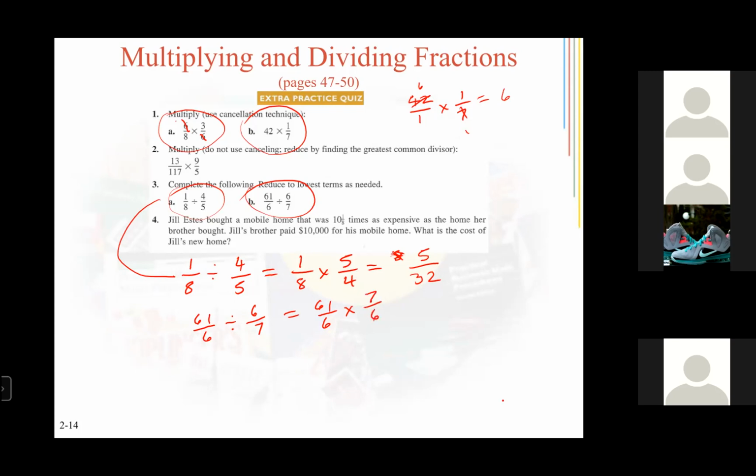Okay, and you don't have any canceling here, so you just have to work it out. 7 times 61 is 427, over 6 times 6 is 36.